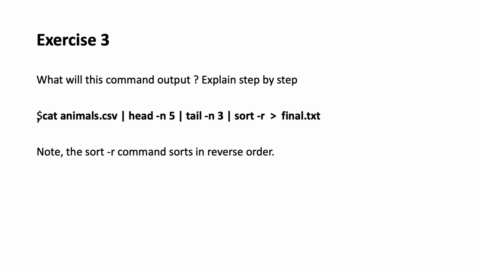So you said it will read the top 5 and the bottom 3, so we are going to have 8. Then sort them in the reverse order, then put them under the file name final.txt. I think that's it.